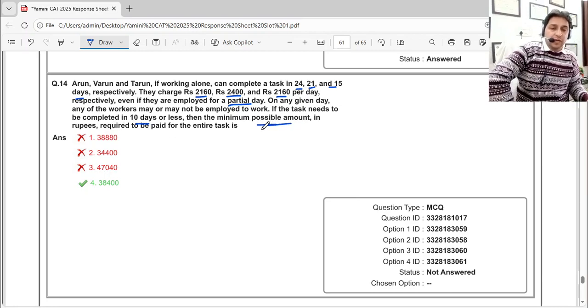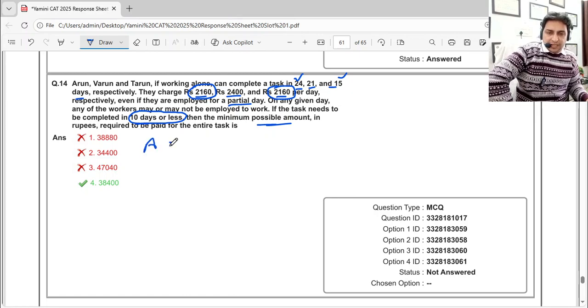So for the minimum possible amount, I need to see they have to be done in the lesser time, that is 10 days or less. That means I'll take the most efficient person out of these, the 24 days and 15 days. So Tarun is more efficient. So first of all, let's try to do it with the help of the unit method.